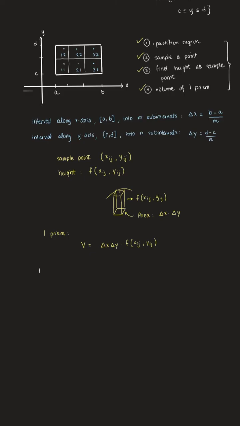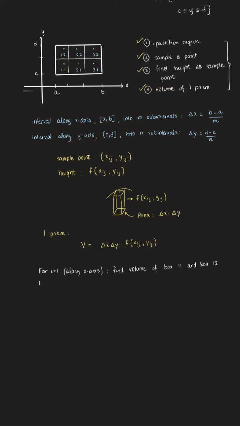So for i equal to 1, along the x-axis, we're going to find the volume of each box as we move vertically. So in our picture, box 1,1 and box 1,2.